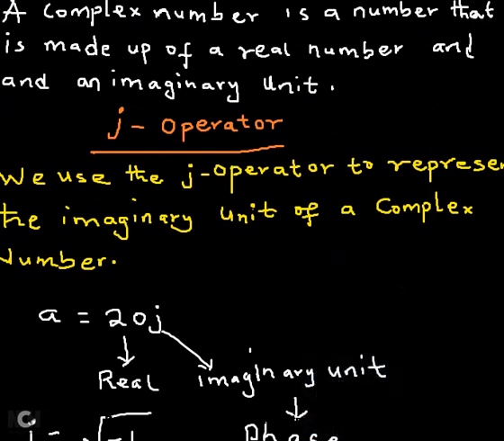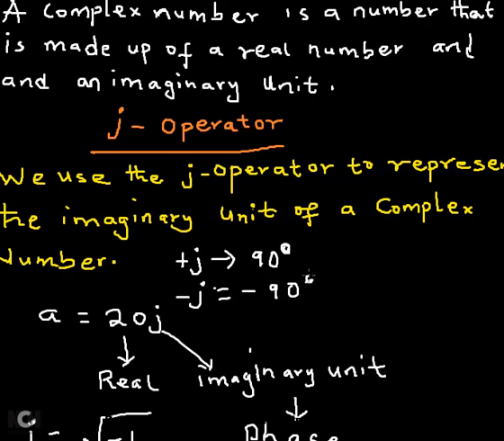In alternating current, the J operator actually represents the phase angle of 90 degrees. So positive J is going to be positive 90 degrees, while negative J is going to be negative 90 degrees.